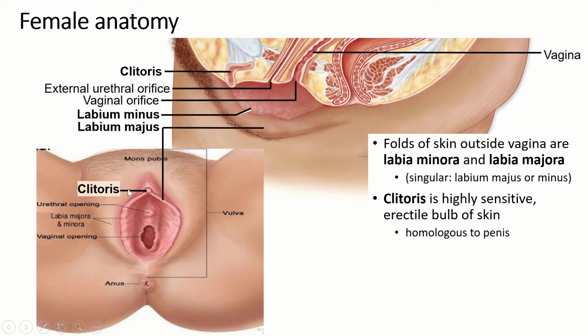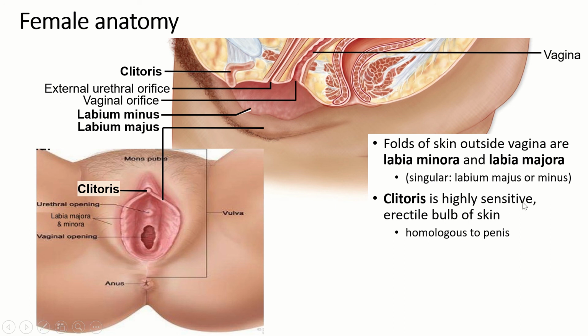The labia minora are the smaller ones. They have a lot of mucus-making cells, and they have lots and lots of nerve endings. And then the labia majora are these thick, fatty, padded layers of tissue. The labia minora join at the front, and the clitoris is right there.